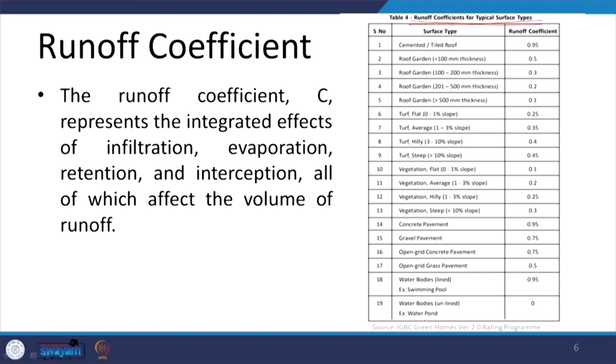type options. Now, the higher runoff coefficient implies that most of the water which will be there during the precipitation will be running off, and there will be very little which will be either infiltrated to the ground or evaporated or retained or intercepted. Now, here when we are looking at only the surface property, we are largely concerned about how infiltration and evaporation happens.